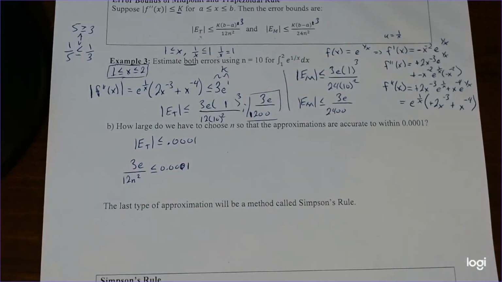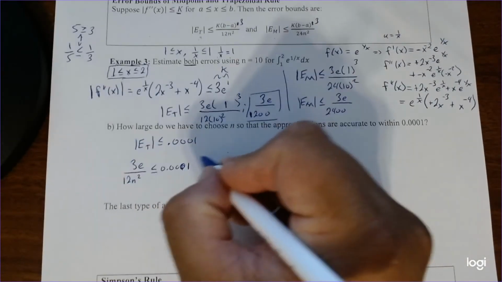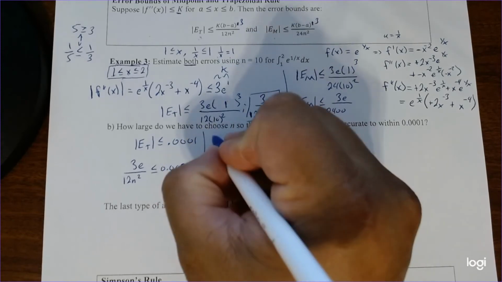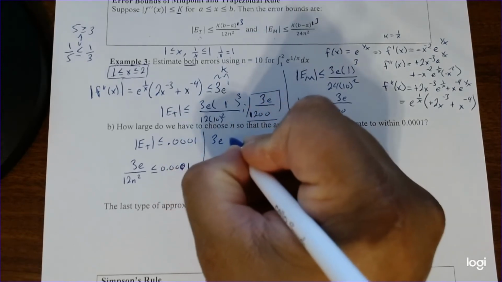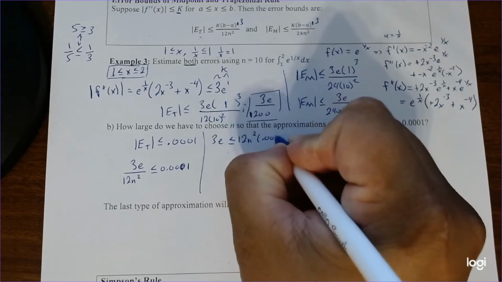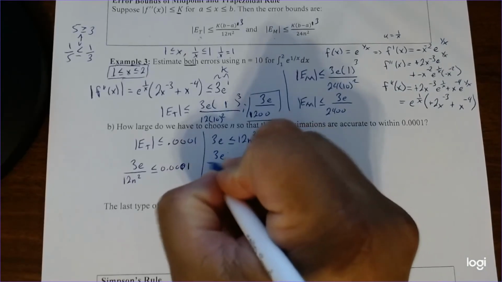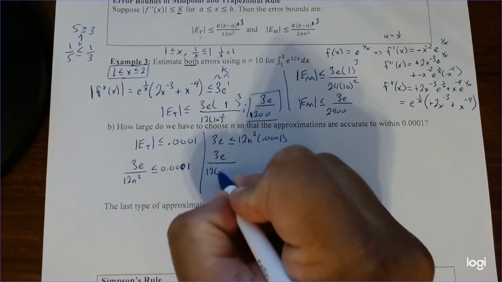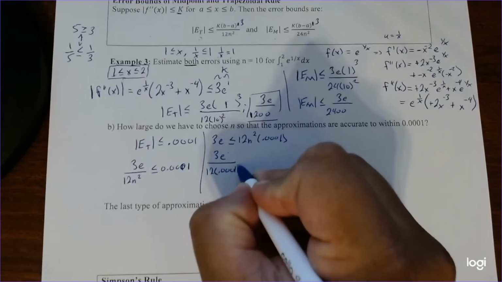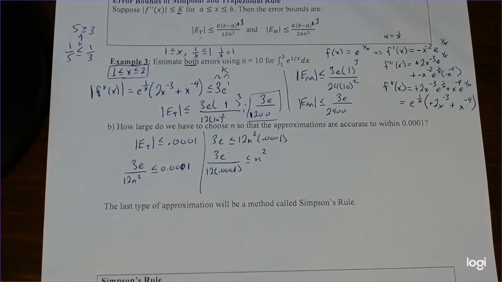And now we just solve for n accordingly, doing a little bit of algebra: multiplying and dividing, and then dividing over, and then taking the square root of both sides. So let's see how many rectangles we actually need in this case.